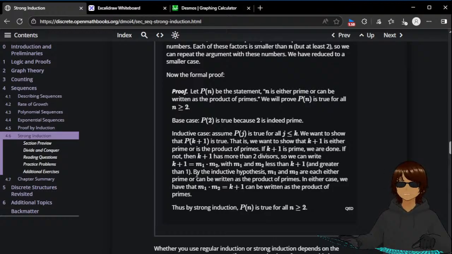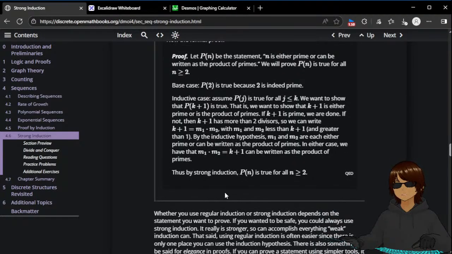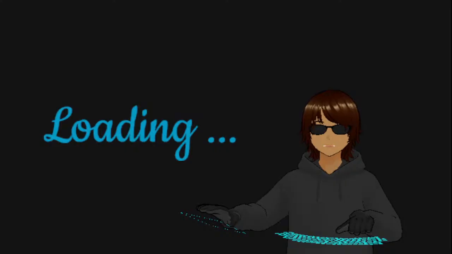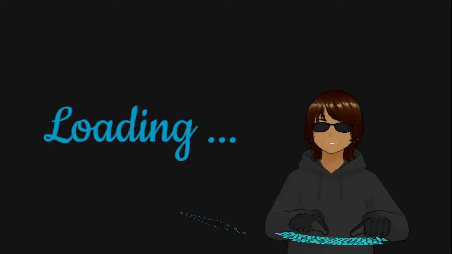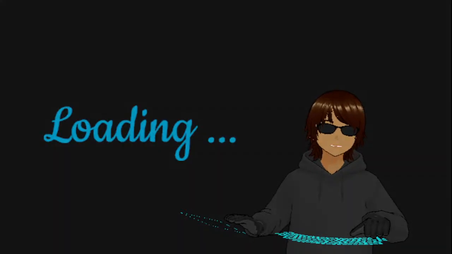Each of m1 and m2 has a prime divisor. By inductive hypothesis, m1 and m2 are either primes or can be written as a product of primes. In this case, m1 times m2, which is equal to k plus 1, can be written as a product of primes. Thus, by strong induction, P(n) is true for all n greater than 2. Hold on, but there is another thing.